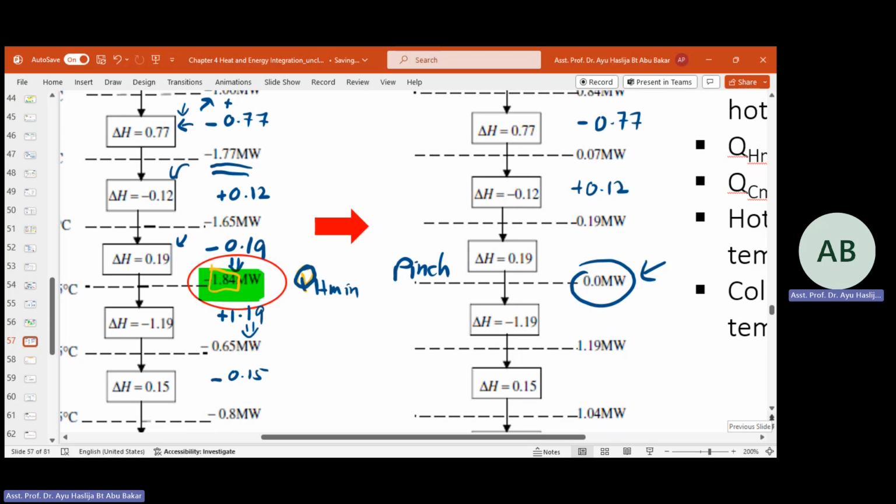What if you don't get 0? Then no pinch point, meaning you cannot identify what is your minimum cool utility and hot.